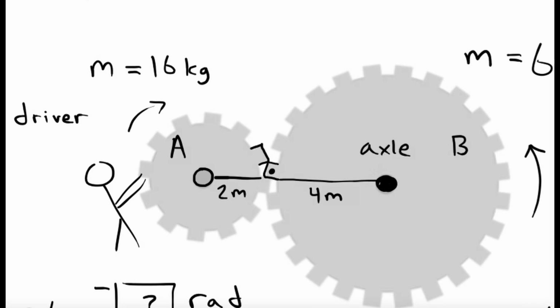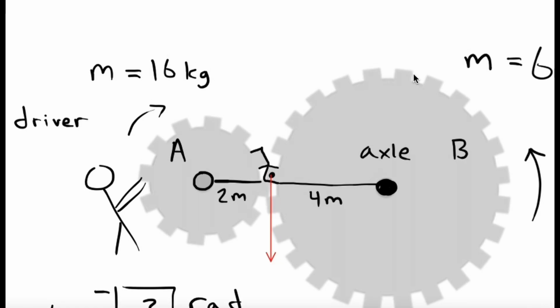So let's draw a force vector for that. And we just have to think about the laws that we've worked with so far. One thing that has to be obeyed is Newton's third law. It still has to hold here.